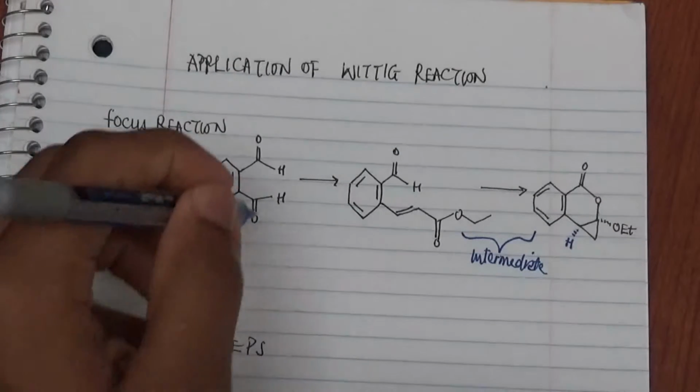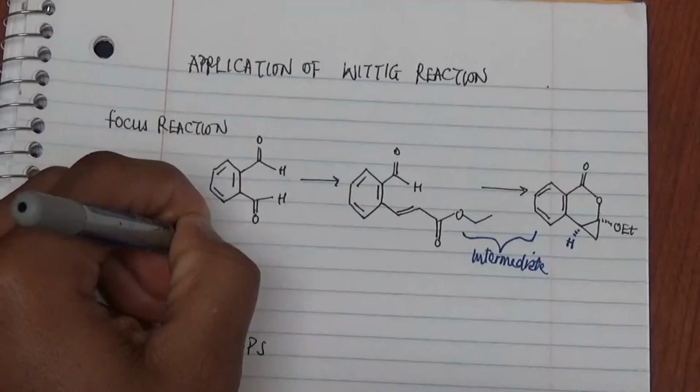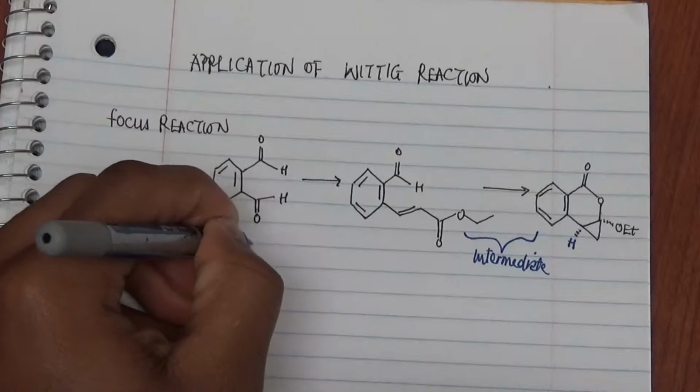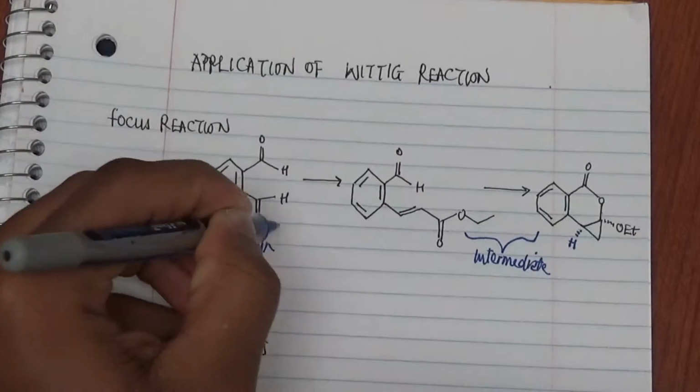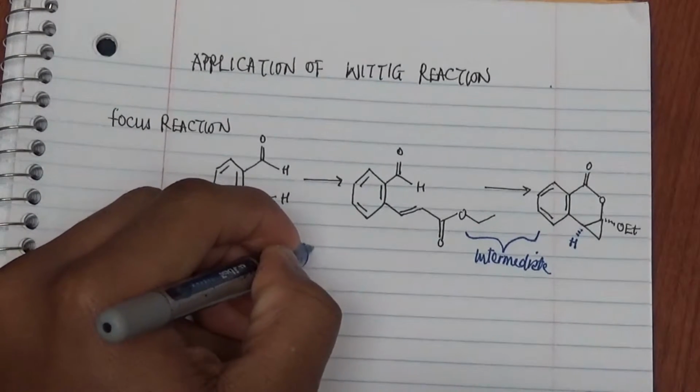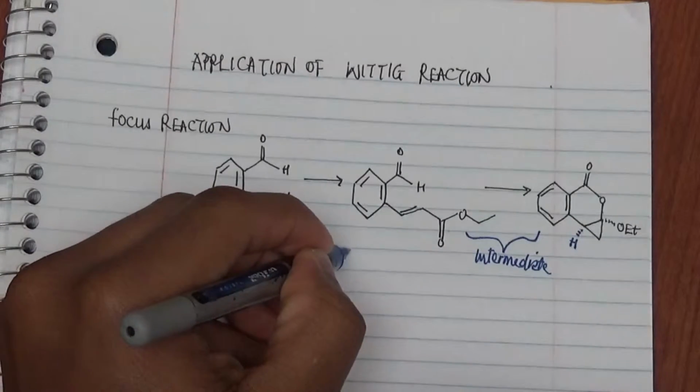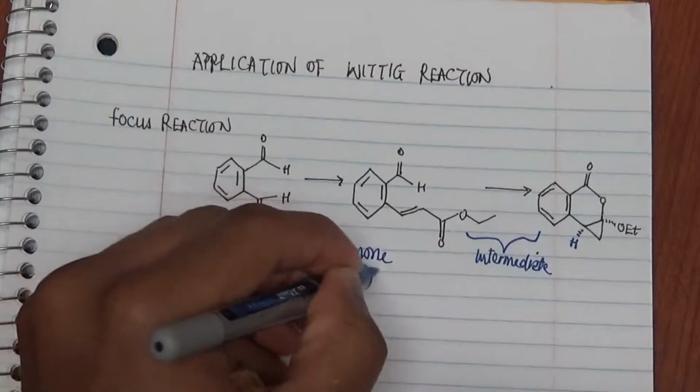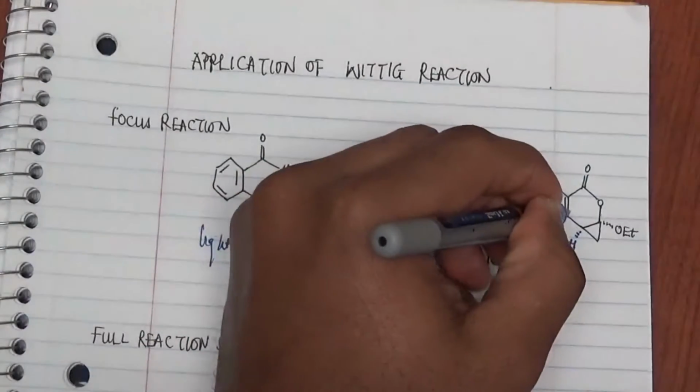So before now, let's look at our target goal. Our target goal is to be able to use light to synthesize our particular product called isochromanone, and that is it over here.